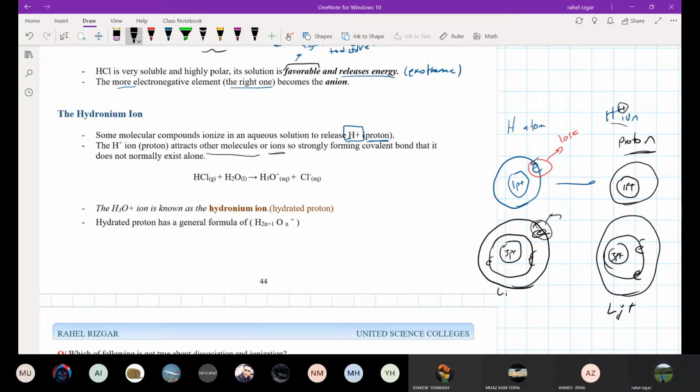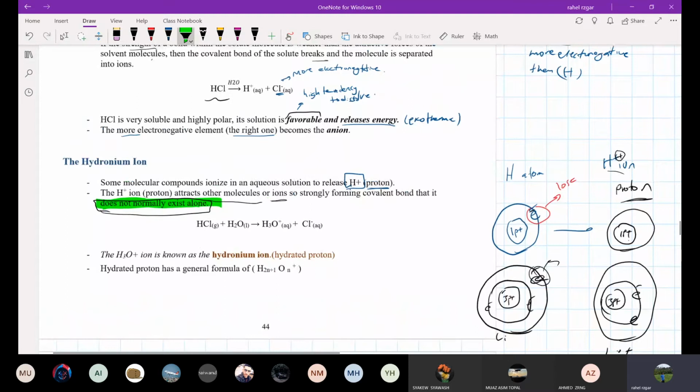So strongly that it doesn't normally exist alone. So that's why hydrogen ion or proton never exists alone. We never have hydrogen alone. There always must be something with it, which in this case will react with H2O.